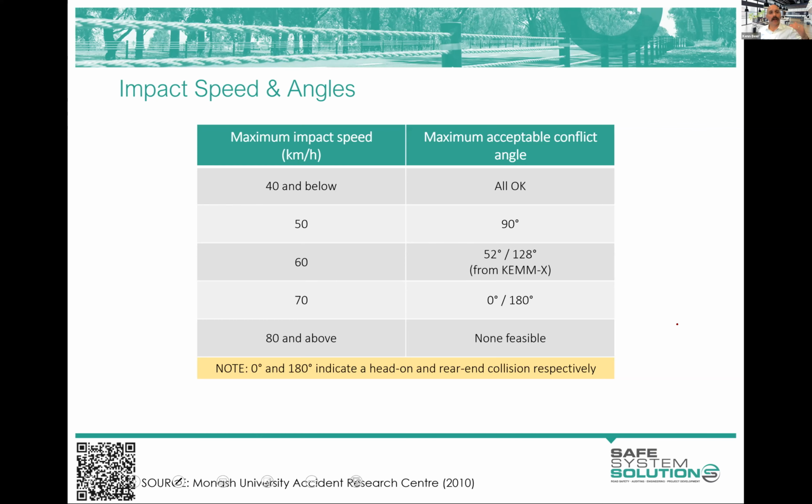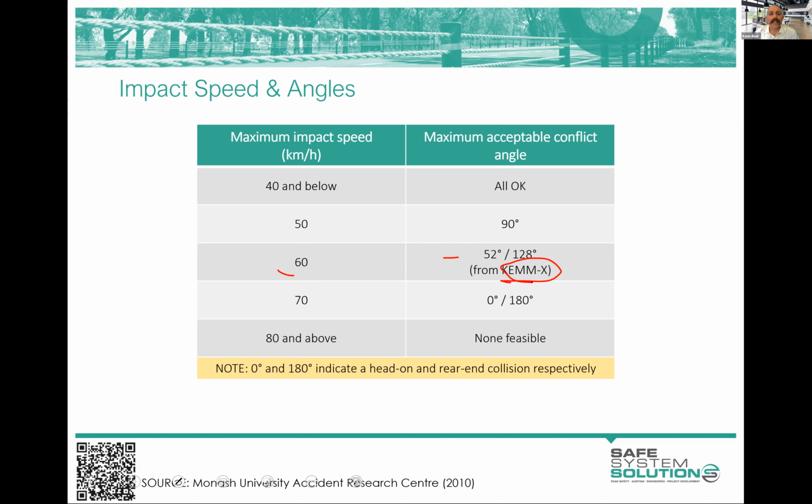And there are those speeds and angles that we are generally talking about as our safe system tolerable speeds. Now you'll see there the 60 for those angles between there, and they're from a tool called ChemX, which is the kinetic energy management model. Now you do not, as a safe system assessor, need to go to the level of detail of utilizing a tool like ChemX.